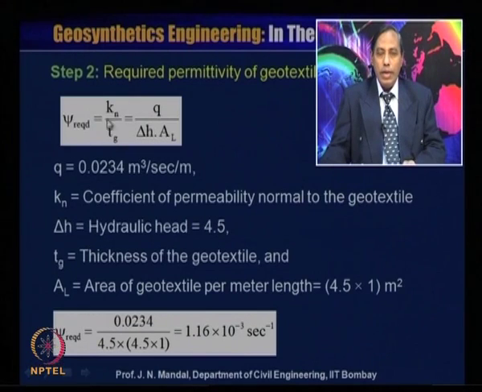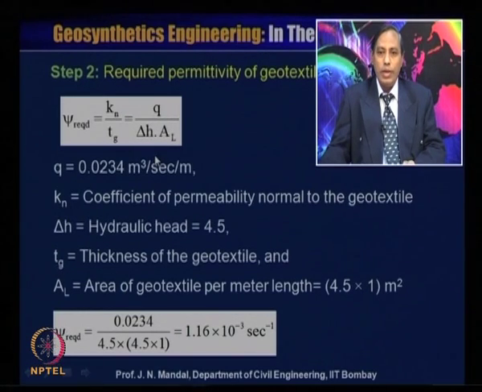Here Q is the flow, already calculated earlier as 0.0234 meter cube per second per meter, and Kn is the coefficient of permeability normal to the geotextile, and delta H is the hydraulic gradient, that is 4.5. Tg is the thickness of the geotextile, and Al is the area of geotextile per meter length.